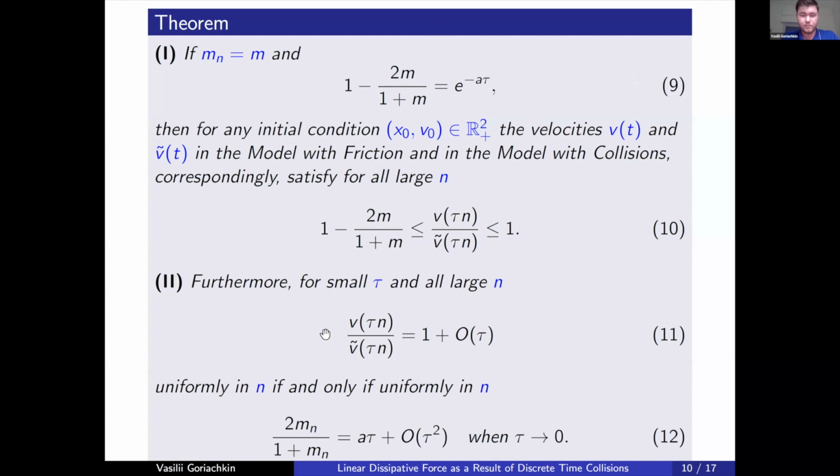And actually this bound 12 comes from equality 9, because this one will be 1 minus 8 tau plus something of order tau squared. So when tau goes to 0, we again have asymptotic equivalence.